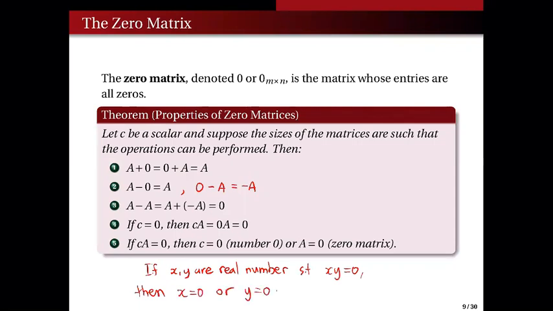So either y is 0 or x equals 0 or both of them are 0. Okay? So very much similar to this property. Okay?